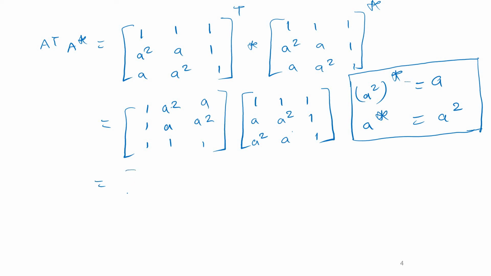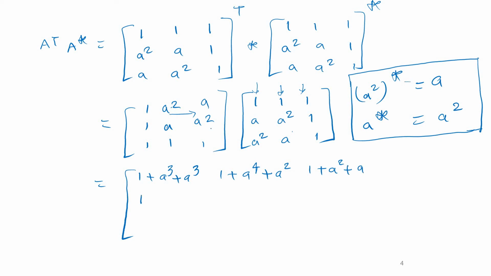So now let us do the multiplication of this. First row with all the columns: 1 plus a cube plus a cube, 1 plus a power 4 plus a square, 1 plus a square plus a.